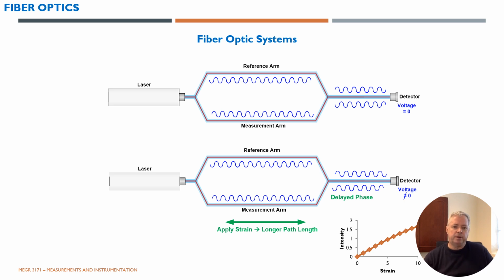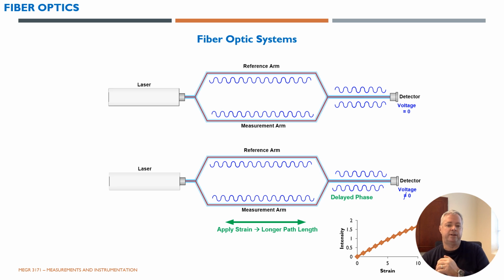Another type of fiber optic system is you have a reference arm and then you have a measurement arm. So you split the light into two beams. You have the laser, it shoots down a fiber. The fiber is split into two, and then it recombines. And when it recombines, ideally the two light signals will be exactly the same, and you have two identical waves at the detector.